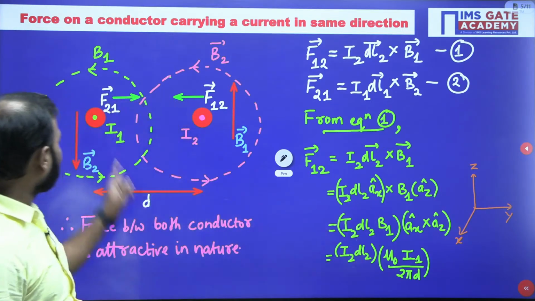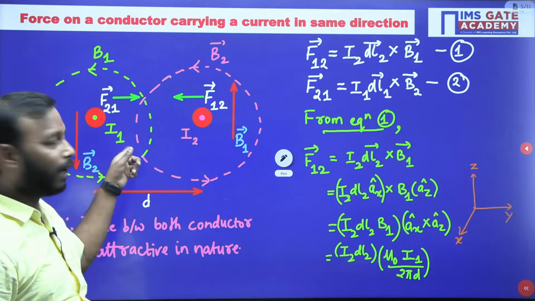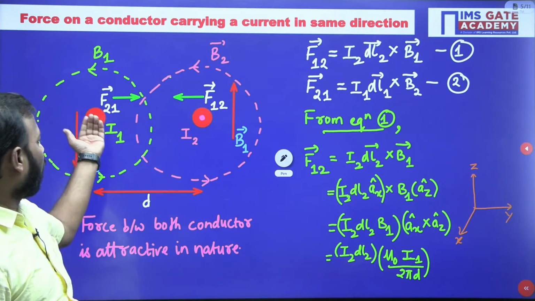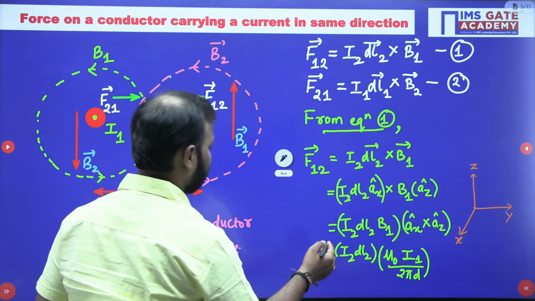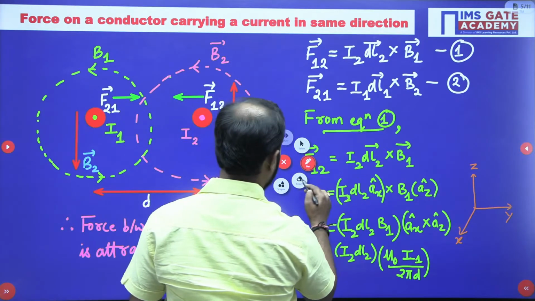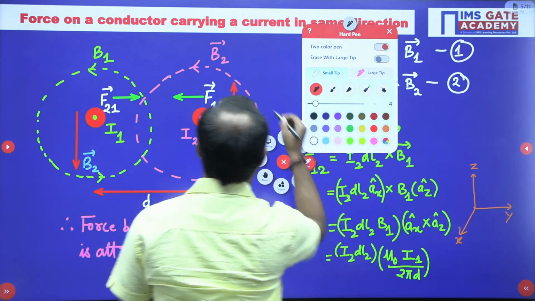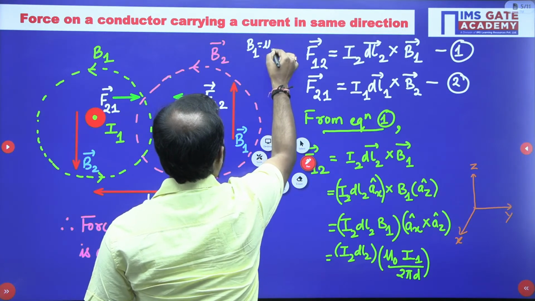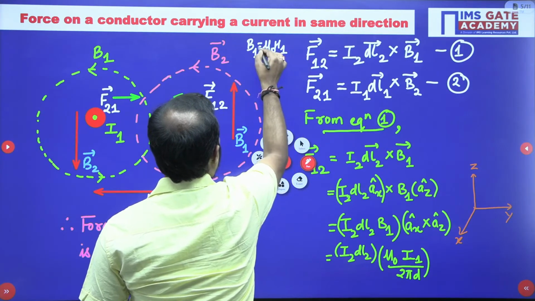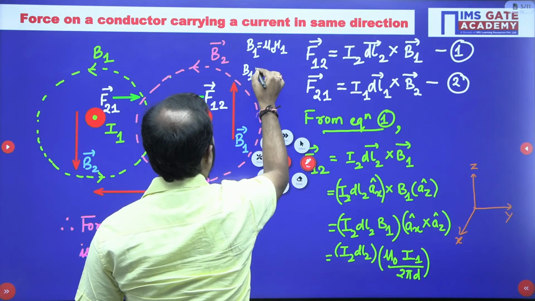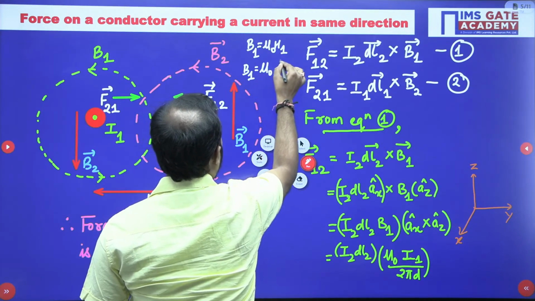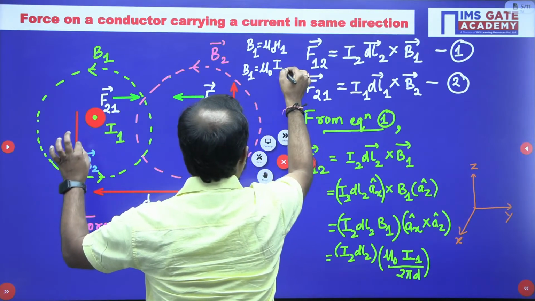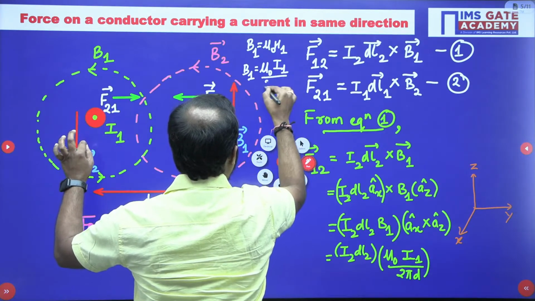So whenever a conductor is of infinite length and current is flowing in that conductor, then let me change the color. Then we can directly write B1 equal to mu naught H1, and H1 is equal to, what is the current in the conductor 1? I1 divided by 2 pi.